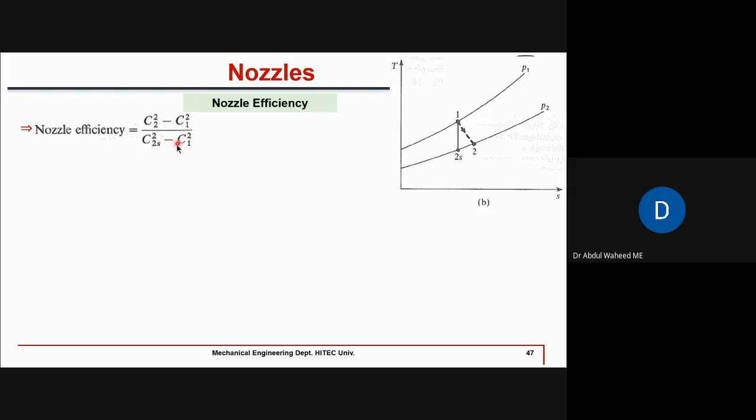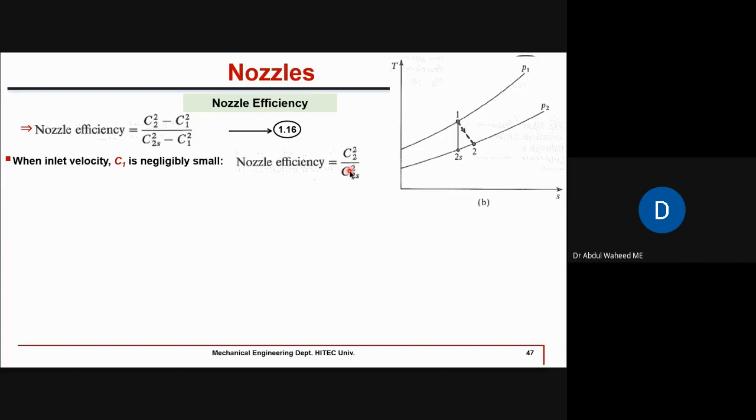So if we neglect C1, the nozzle efficiency is simply given by C2 square over C2s square, right? So now we have seen three different forms of nozzle efficiency: one in terms of enthalpy, second in terms of temperature, and here is the third one in terms of kinetic energy or velocity, right?